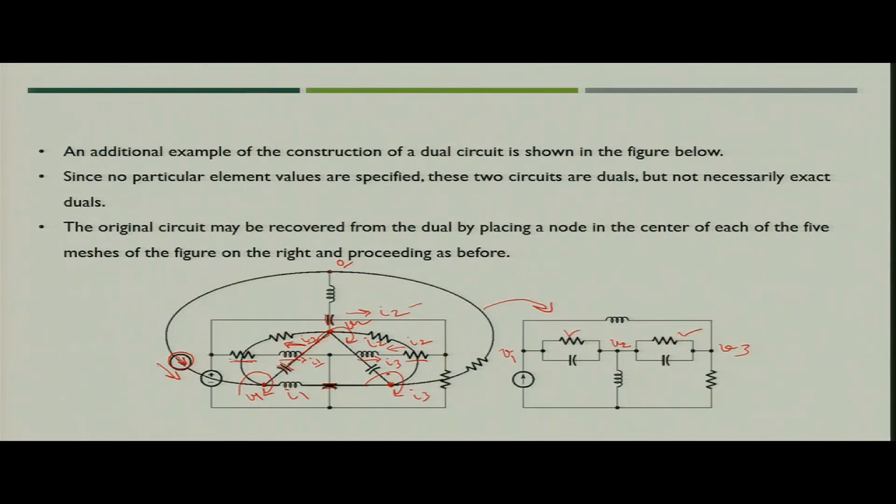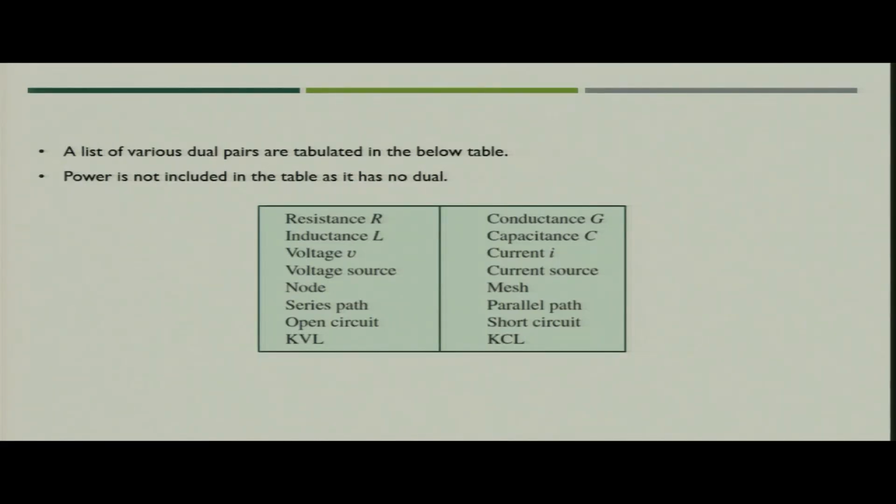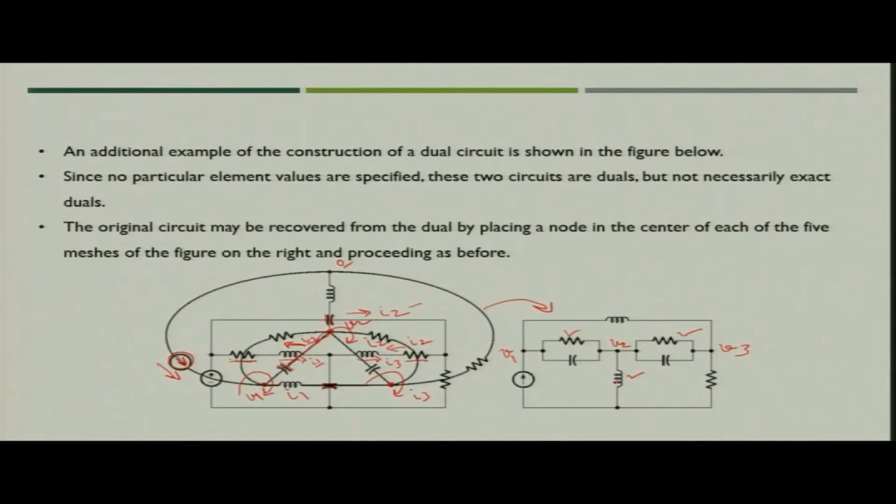Now, the inductance is connected between node 2 and reference, so you have this element there. Then you have another inductor connected between V1 and V3, that is between node 1 and node 3.